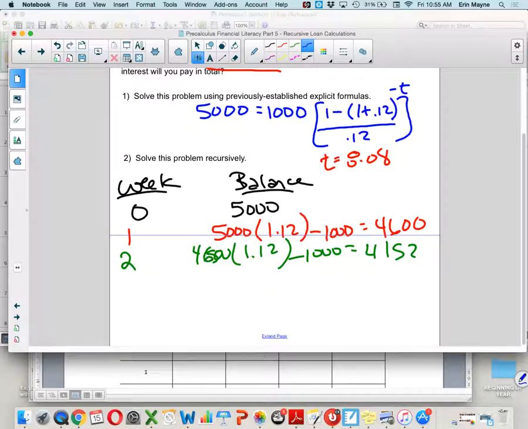Okay? So why do you subtract off 1,000 each time? Because in the problem, you committed to paying $1,000 per week. So this is your own balance. But payday lending is giving you the money. So they're going to keep track of how much you paid after they tack on the interest every week.